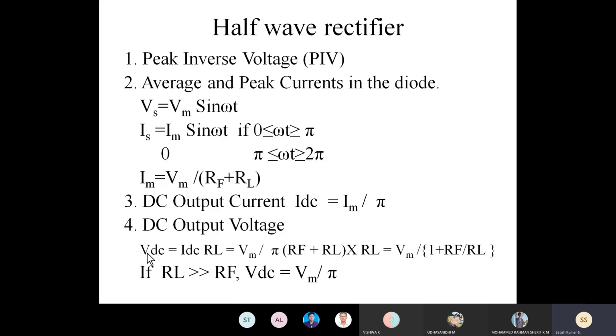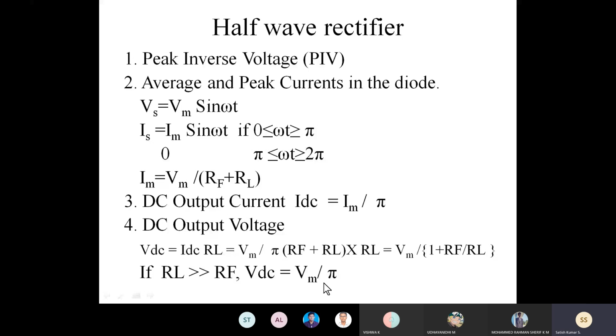So if it is purely a DC circuit with only resistance, the output voltage VDC is equal to IDC into R. From this expression you'll come to know VDC is equal to IDC into RL, the load resistance.